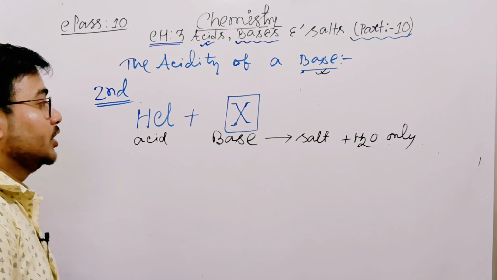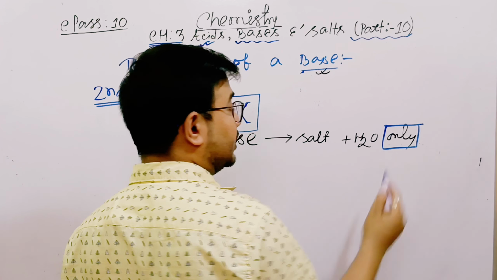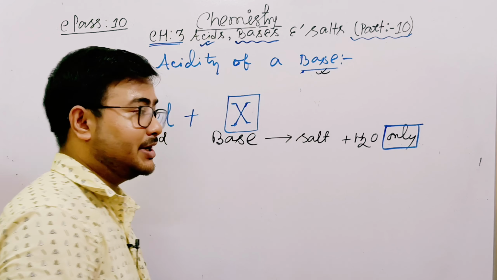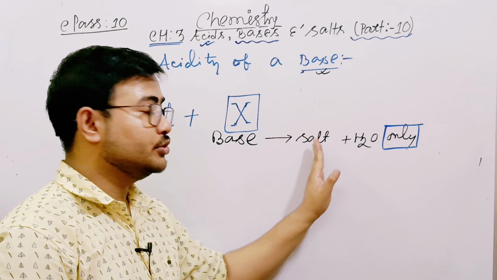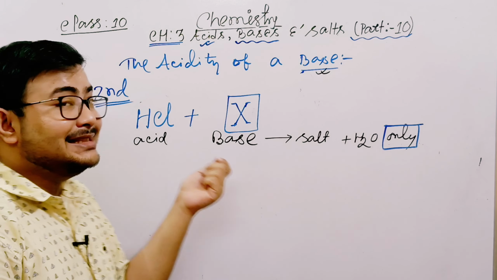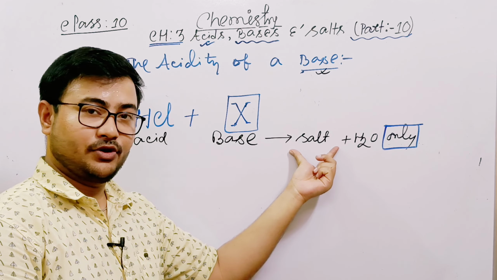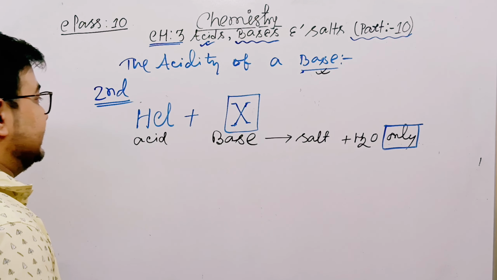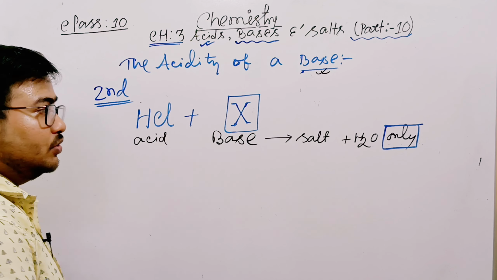Okay, now look at the board. Why is this word only important? Already that was discussed in the previous part. So look at the board. When acid and bases react, they always produce salt and water only. Now suppose, since I do not know what is the formula of base, I also do not know what is the formula of salt, but water will form, no?